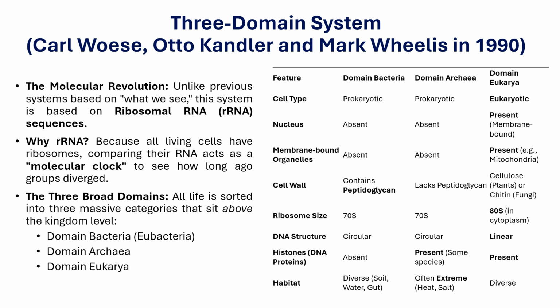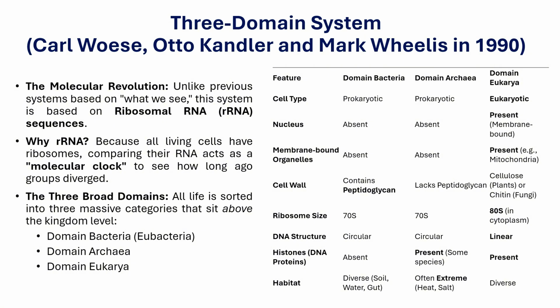And the last one is domain eukarya. This domain includes everything with a complex cell and a nucleus, including all the plants, animals, fungi, and protozoa, which we have earlier discussed. So, for your exams, you need to know the invisible differences between these three.